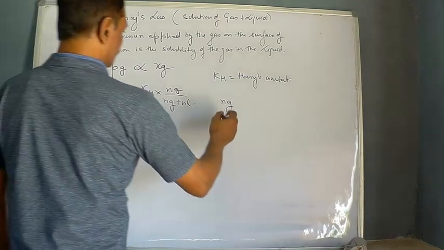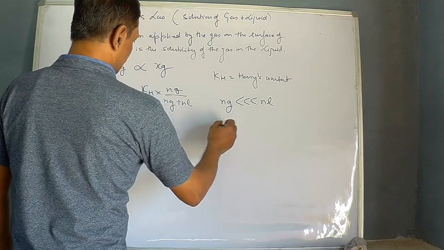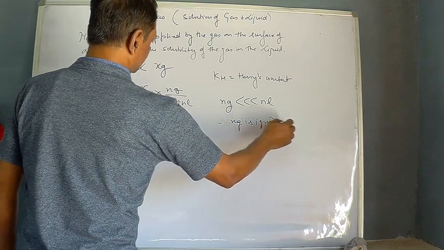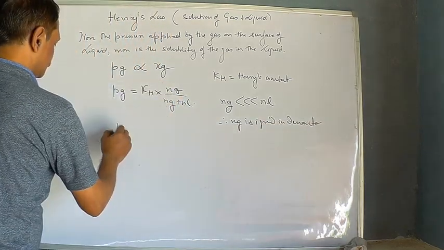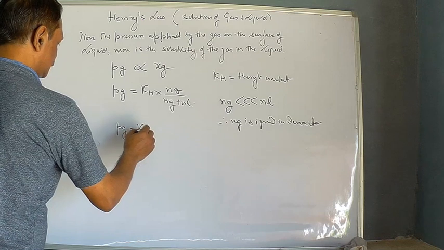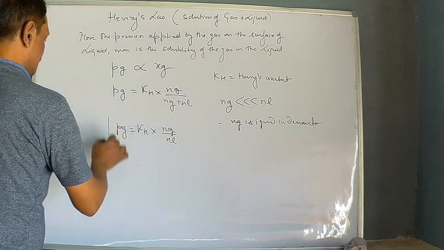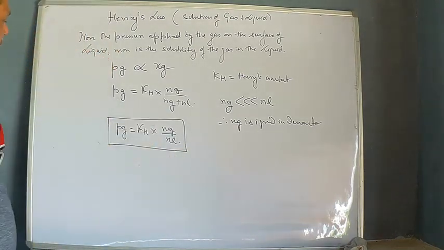So we can say that number of moles of gas is much less than number of moles of liquid. Therefore, Ng is ignored in the denominator. So the formula becomes Pg equals KH into Ng upon Nl. Class, for Henry's law, we will always use this formula.